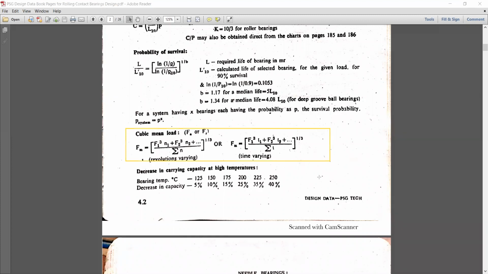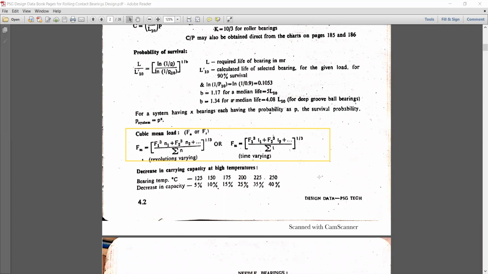The cubic mean load we can calculate based on the revolution variation or time variation. You can do it both ways, but I am using the revolution way because we don't have an idea about how many revolutions we have. That's why I haven't chosen the time variation.